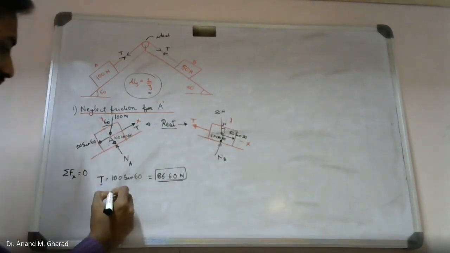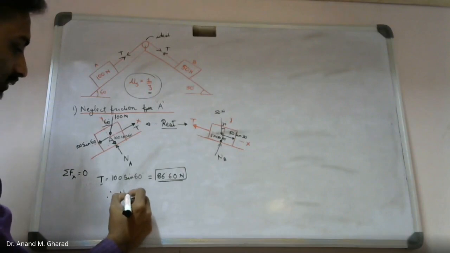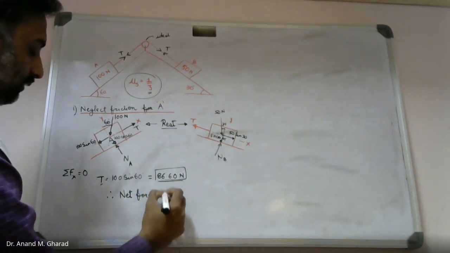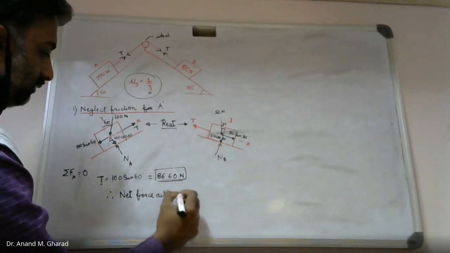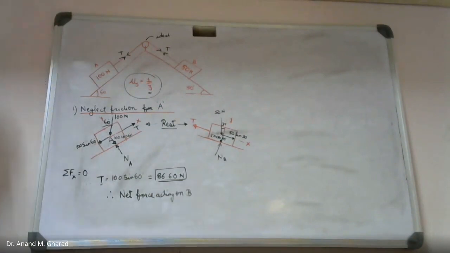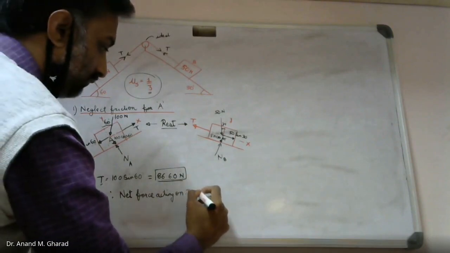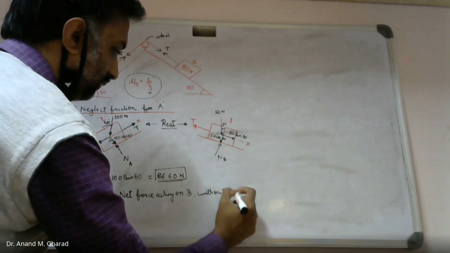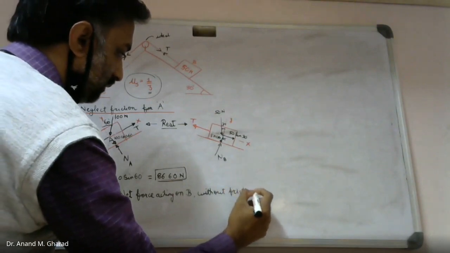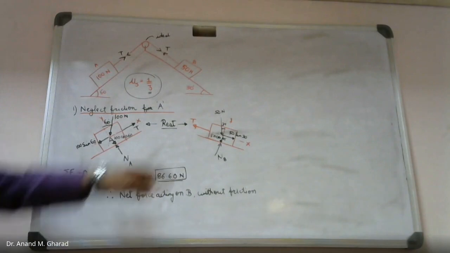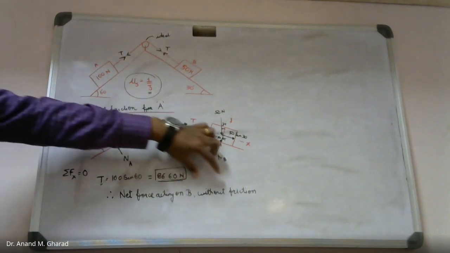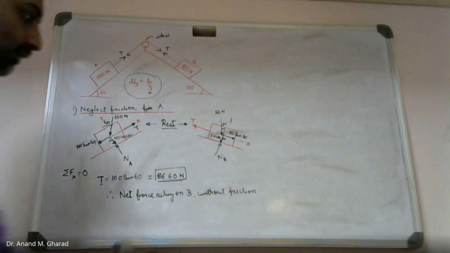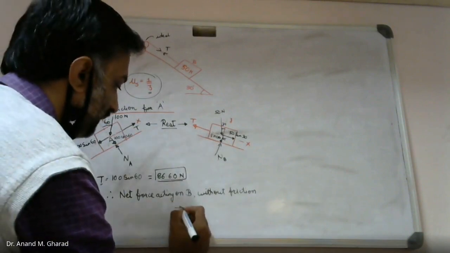Okay, so what I will write, therefore, is net force acting on B without friction. So we have drawn the free body diagram for the case that it is having no frictional resistance for the time being. Right. So what will be the net force which will be acting?